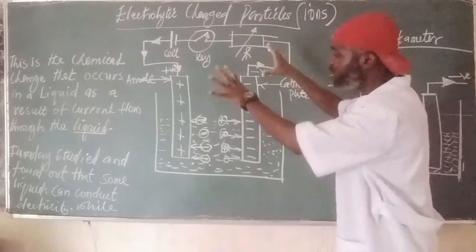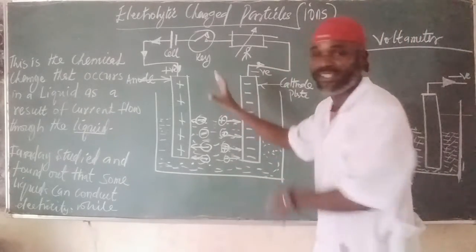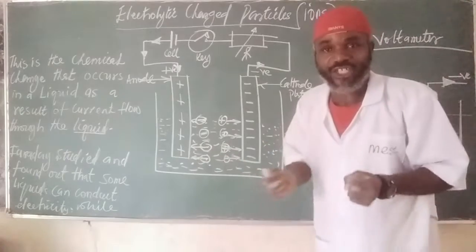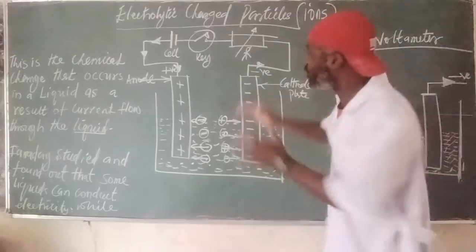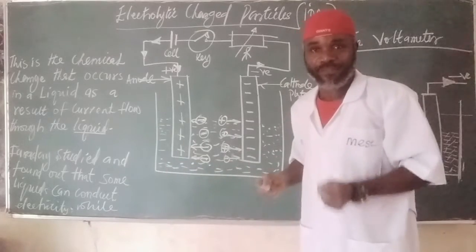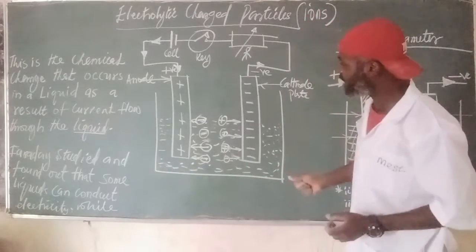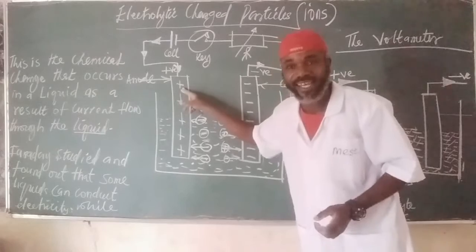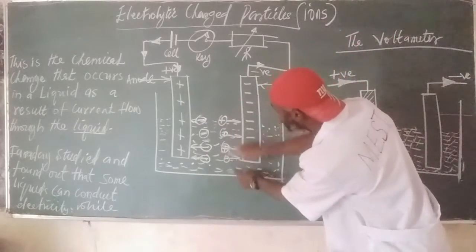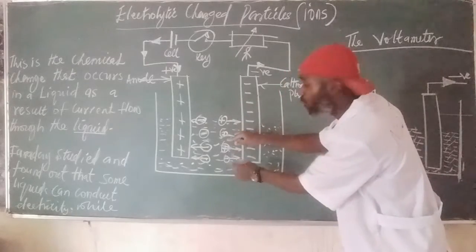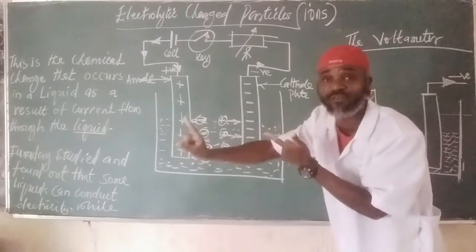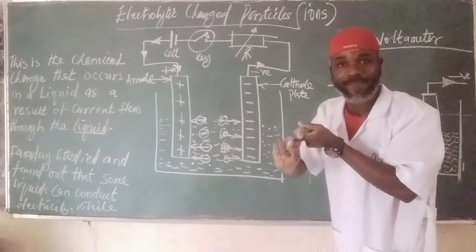Once current is made to flow through the system, the particles become charged. Take it again. Once current is made to flow through the system, the particles become charged. And because we have positively charged plates and negatively charged plates, the positively charged particles will drift towards the negatively charged plates, because positive and negative attract each other.